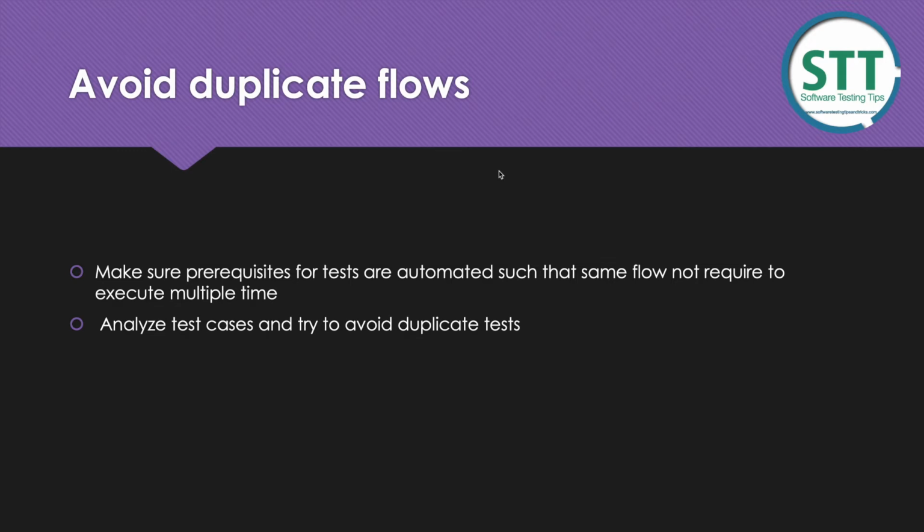If two automation tests can be done in one way, like on the fourth page you are validating three things, and for all three things you have written one automation test each, then every time you are going through pages 1 2 3 4 three times. Instead you can go to pages 1 2 3 4 and then run all your three tests in one go. So you can merge automation tests in this kind of case.